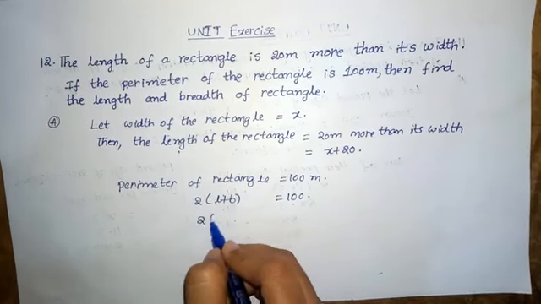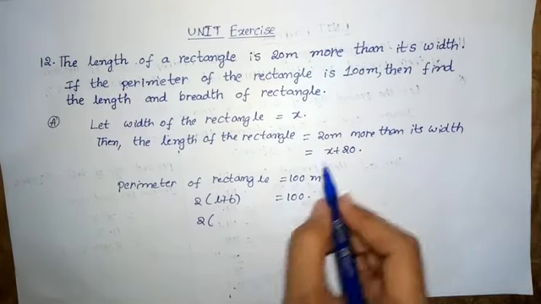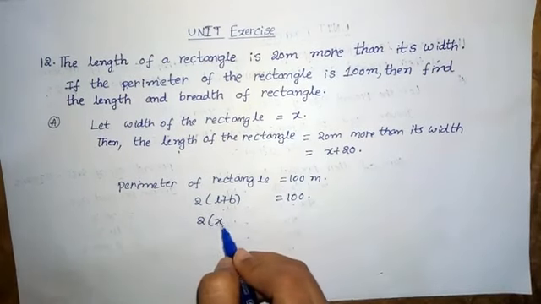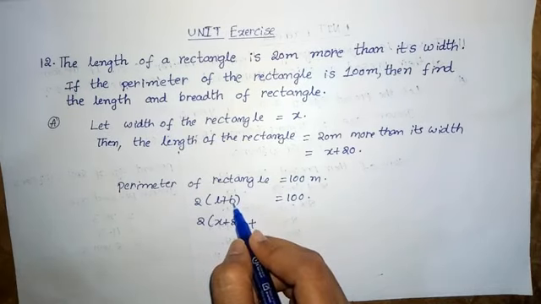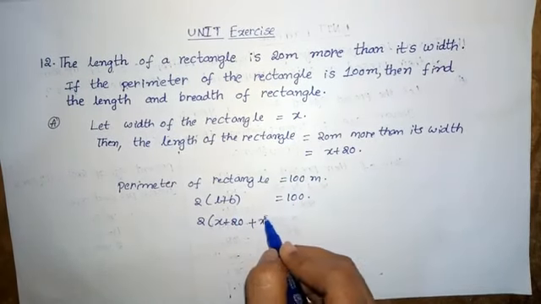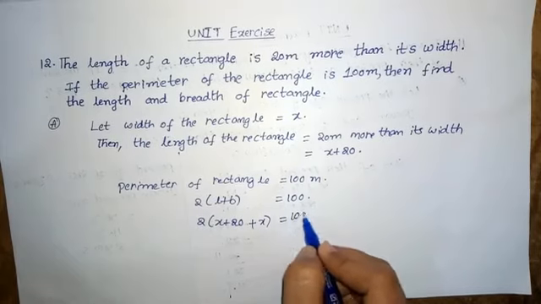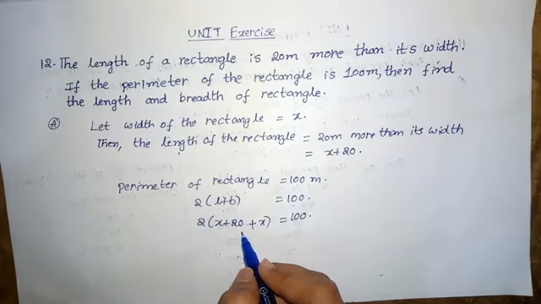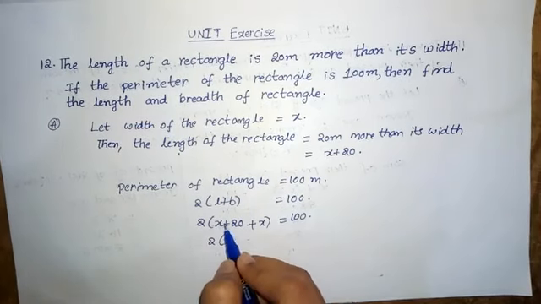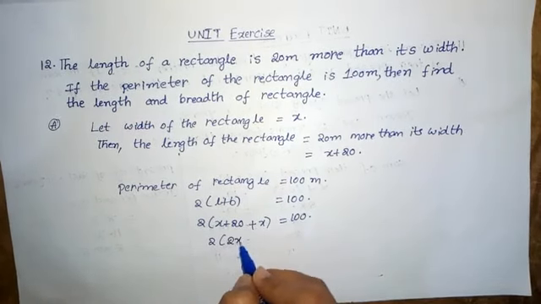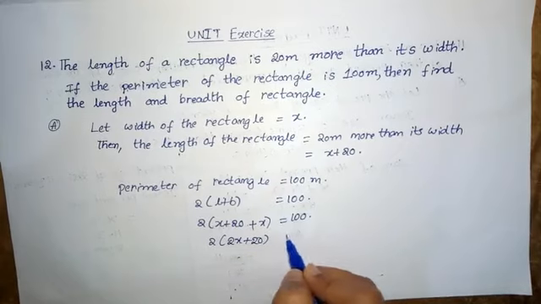So 2 into, the length of the rectangle is x plus 20, plus B, which is the width, equal to x, so plus x, equal to 100. In this simple equation, find the x value. So x plus x becomes 2x, plus 20, equal to 100.